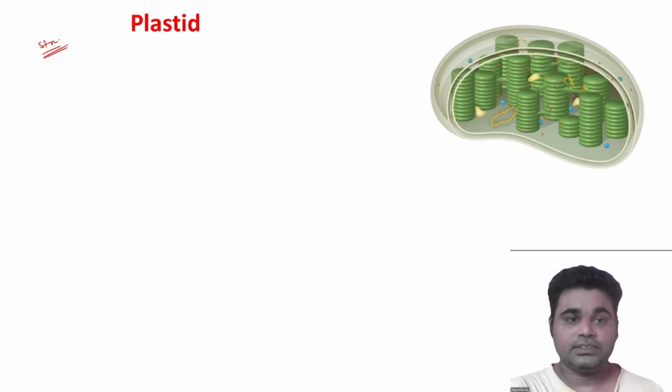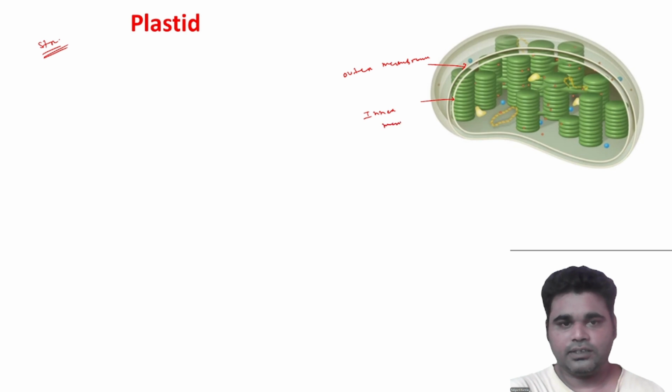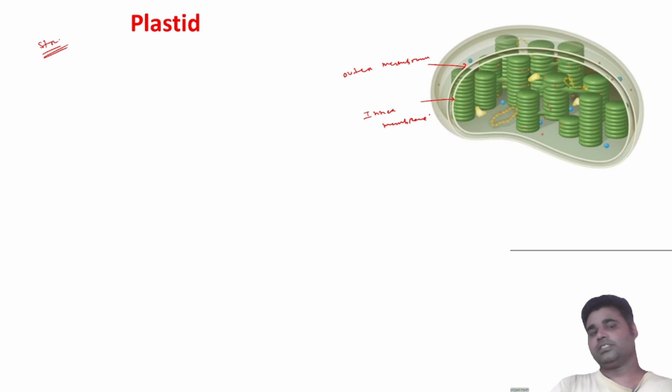That means the outer is called the outer membrane, and the inner part is called the inner membrane. Because of the presence of the two membranes, outer and inner, the plastids are also called double membrane bound structures.